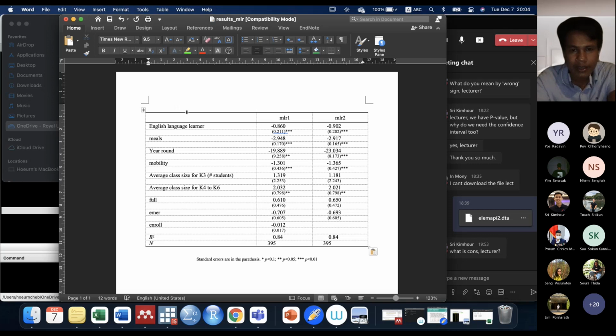I would say Table 1, the effects of independent variables on, or if my interest is, I would say the effect of English language learners on academic performance.